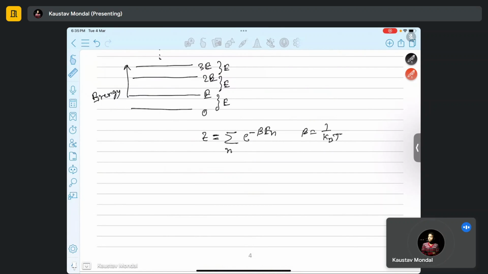So Z would be, for our system, the sum from n equal to 0 to infinity of e to the power minus beta En.